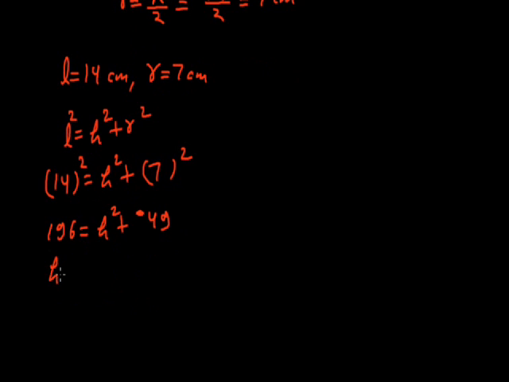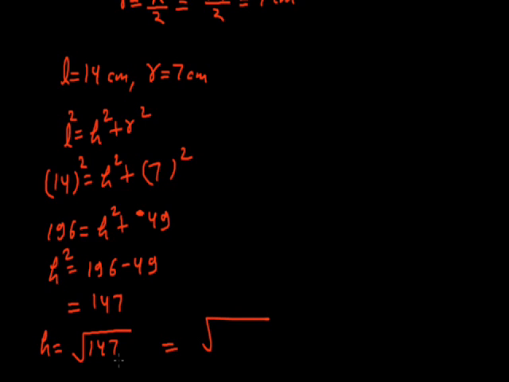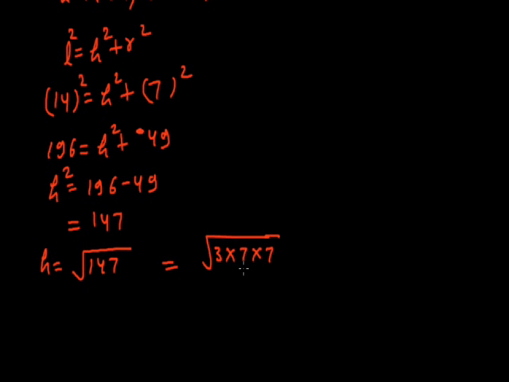So h square is equal to 196 minus 49, which is equal to 147. So h is equal to under root of 147. When we factorize 147, we get 3 into 7 into 7. So 7 and 7 are paired and come out. So it becomes 7 root 3 centimeter. So the height of the cone is 7 root 3 centimeter.